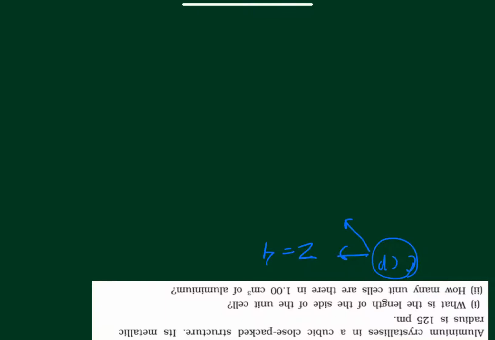Second, your radius and side relation: A is the side, equal to 2 root 2 R, where A is your side and R is your atomic radius.